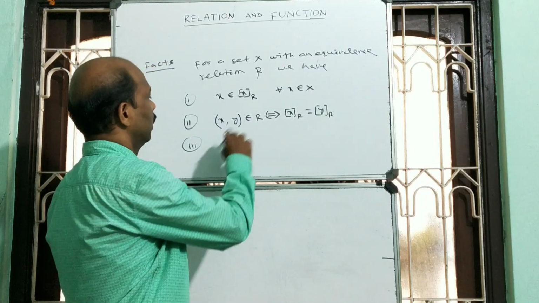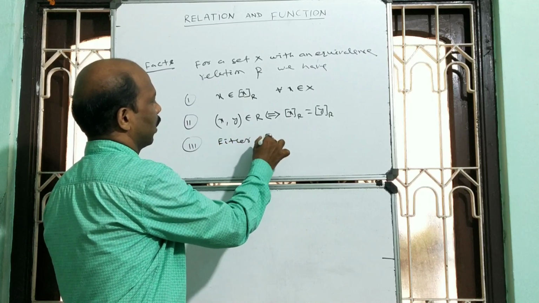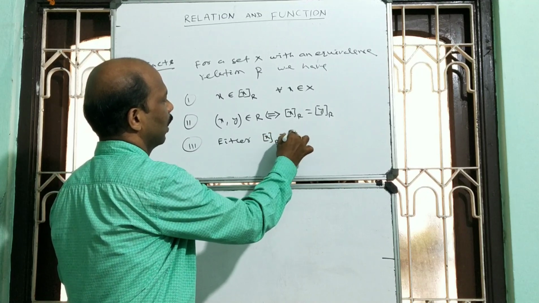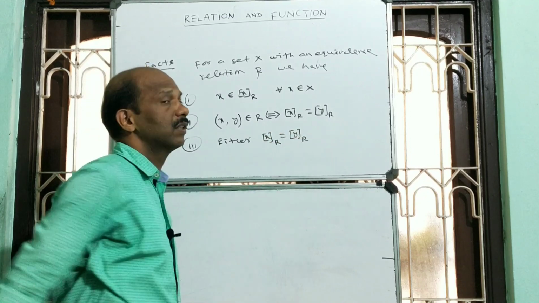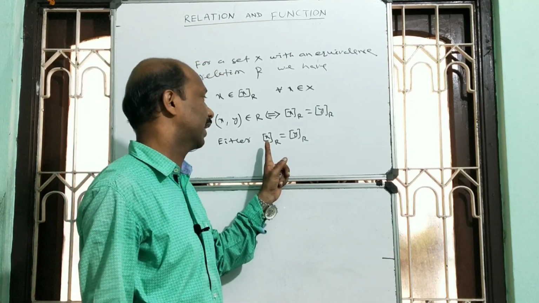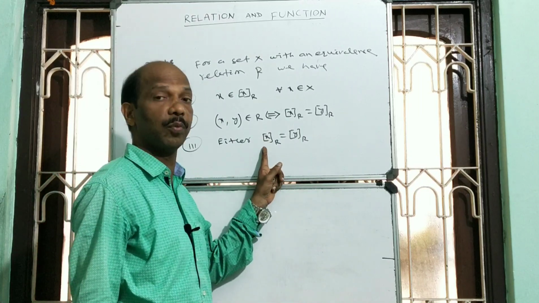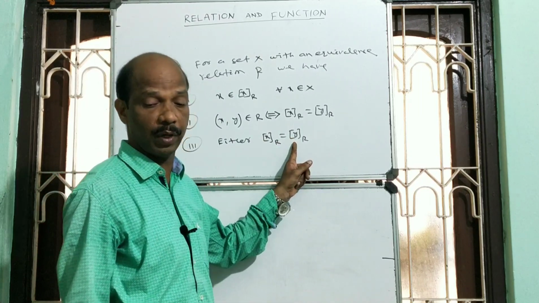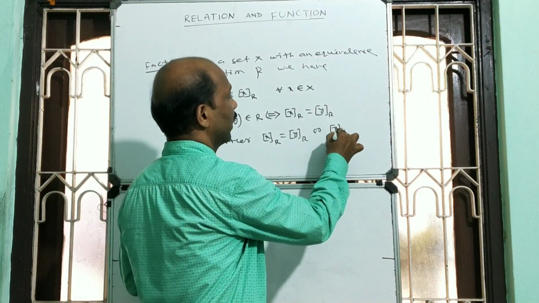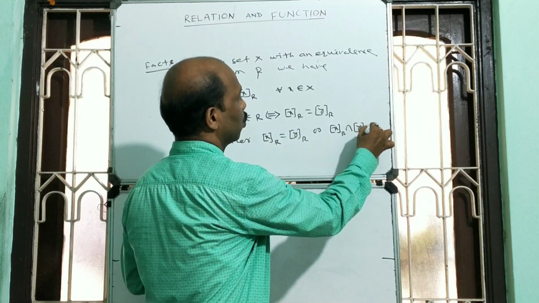Number three, either equivalence class of x with respect to R is equal to equivalence class of y, or they are disjoint. That means if you take any two elements x and y, then the equivalence class of x must be equal to equivalence class of y, or equivalence class of x intersection equivalence class of y should be equal to phi.